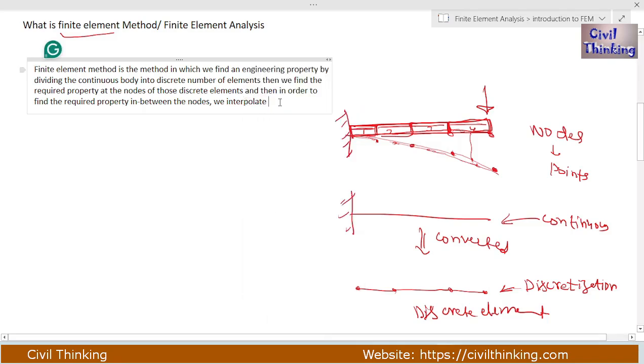So this is basically the finite element method.